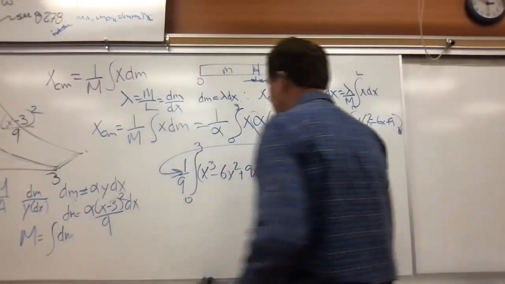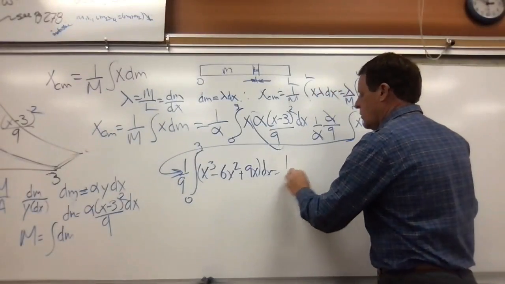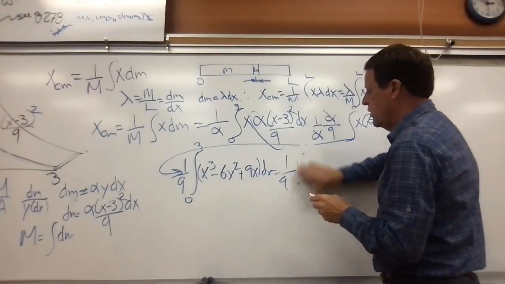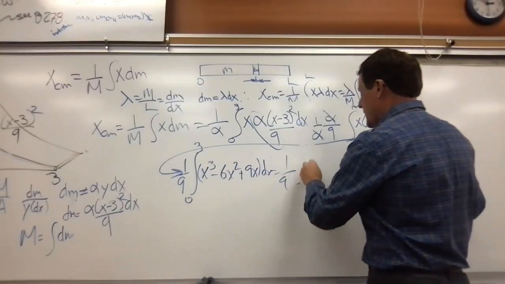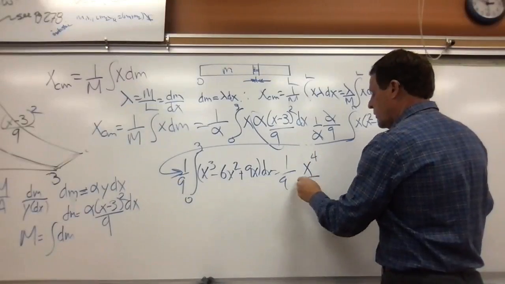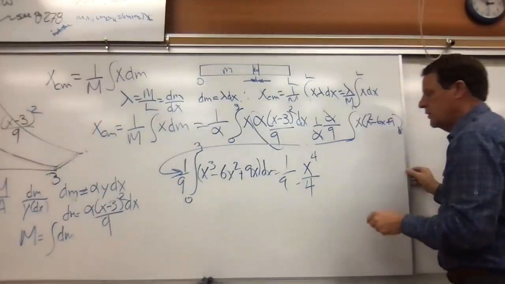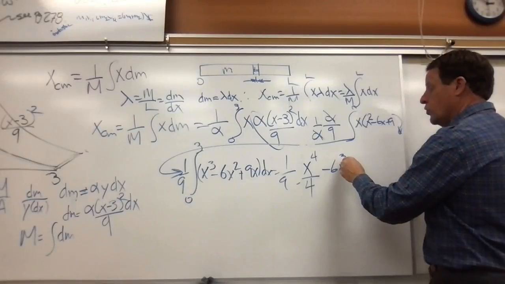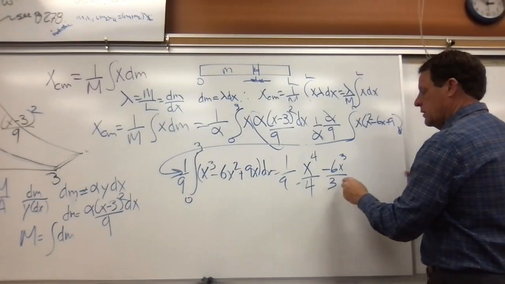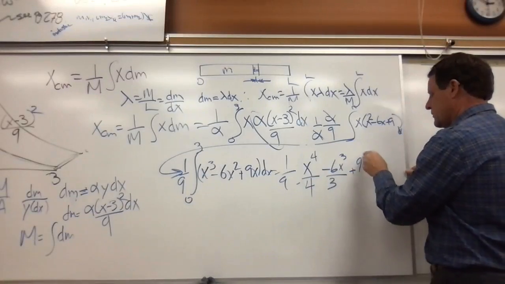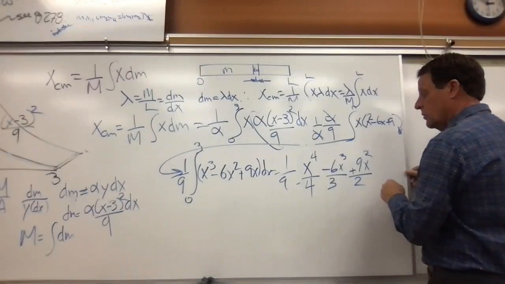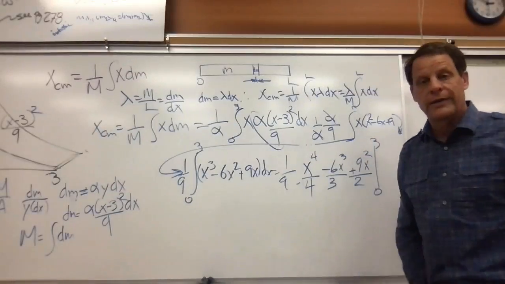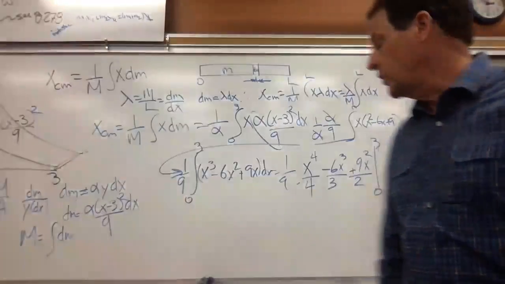And when we integrate it, we're going to say x to the 3 plus 1 is 4, divided by whatever we raised it to, minus 6x cubed over 3 plus 9x squared over 2. Okay, and now we're going to evaluate that from 0 to 3.